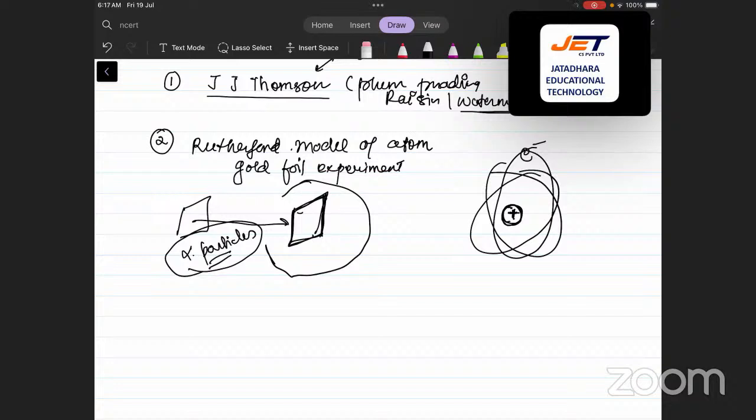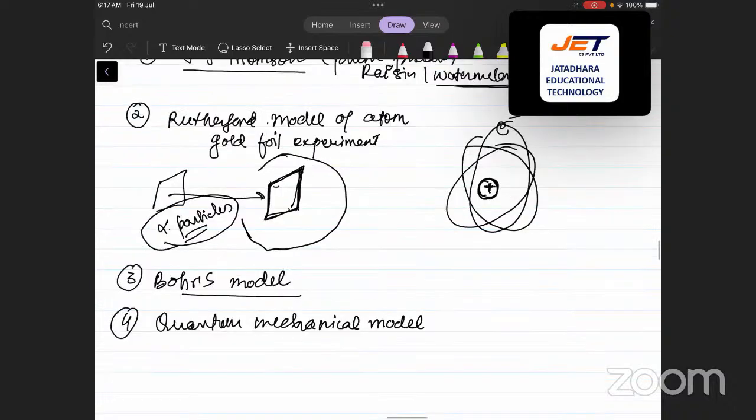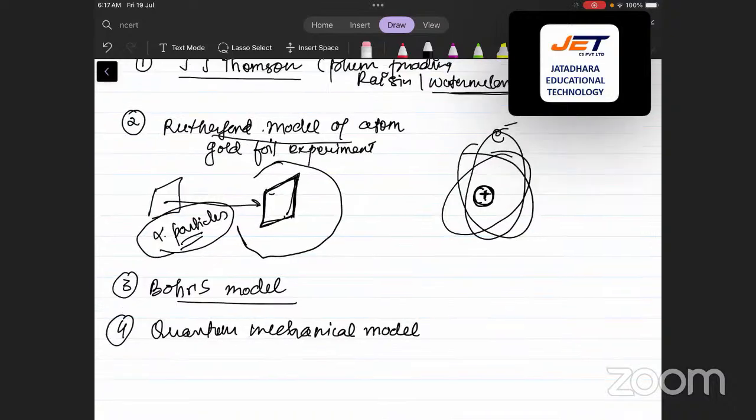Now after that came Bohr's model. And then the fourth one is the quantum mechanical model. So for Bohr's model, yes, he just made improvements to the Rutherford model based on the things that were going on at that time.